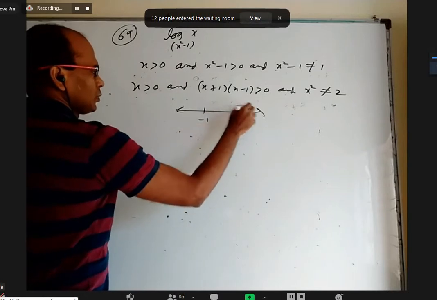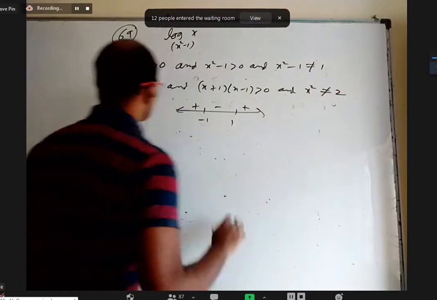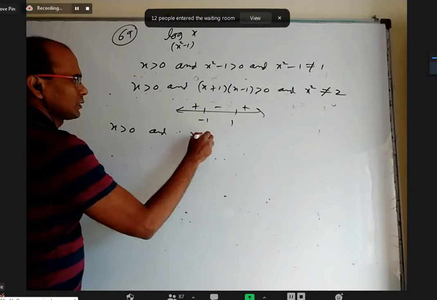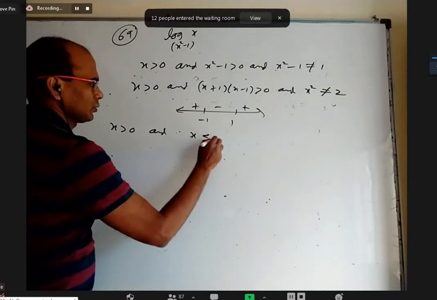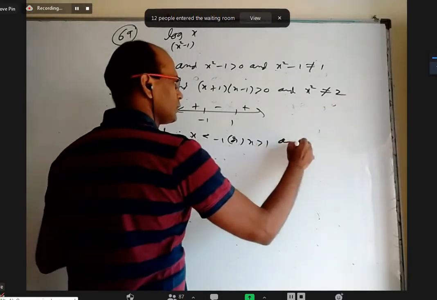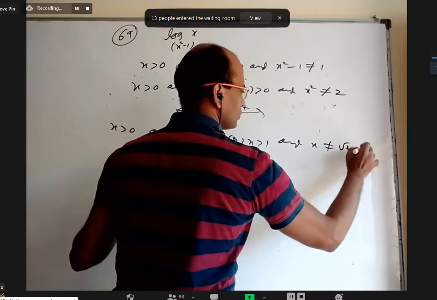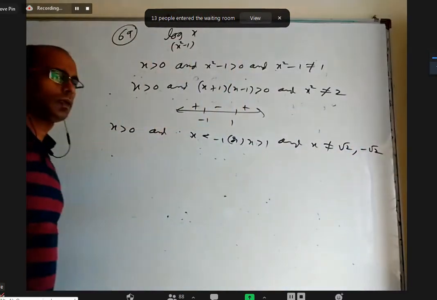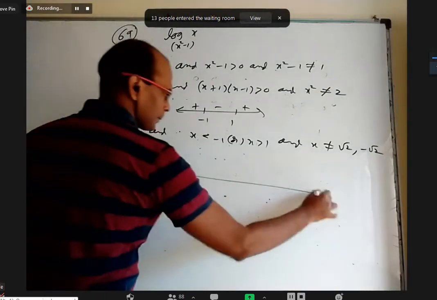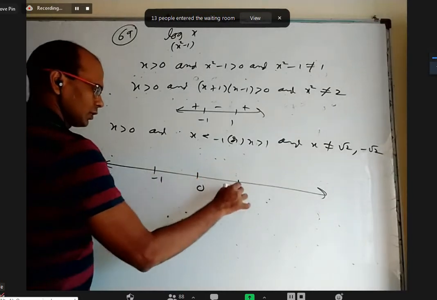Only this one will come. Minus 1, 1: positive, negative, positive. This will come negative. So x should be positive, and x less than minus 1 or x greater than 1. And x should not be root 2 and minus root 2. I will take the intersection of all of them. Let me write minus 1, 0 and 1.